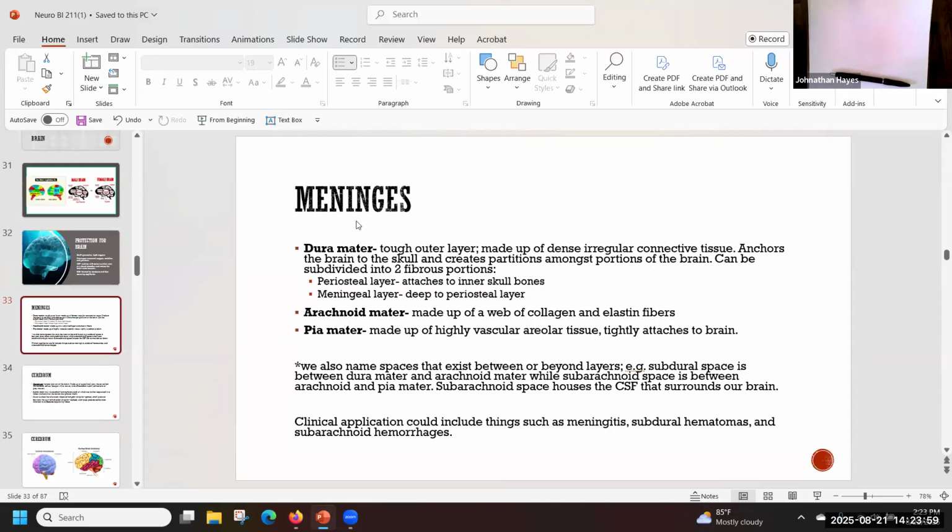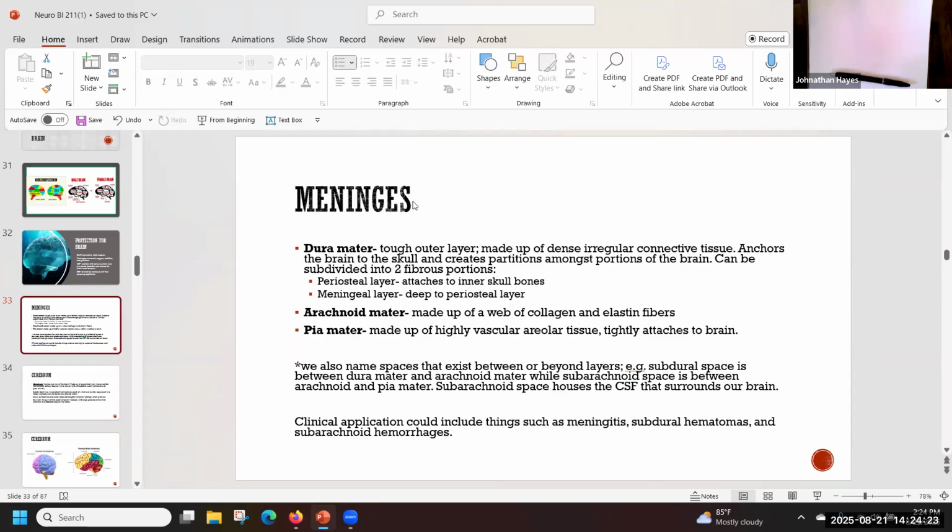So what are the meninges? What's the basic function of meninges? And then what are some problems we might experience around the meninges? Again, meninges is a protective layer that we use to kind of secure the brain in place within its bony structures. Between the meninges and the brain, we're also going to have some cerebrospinal fluid.